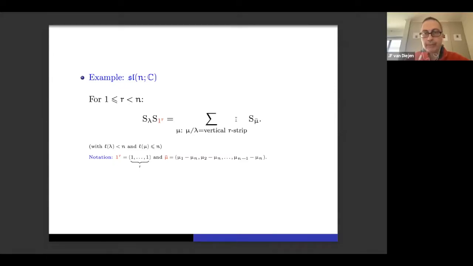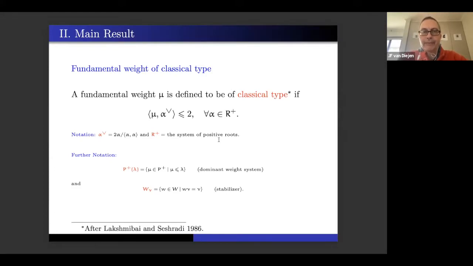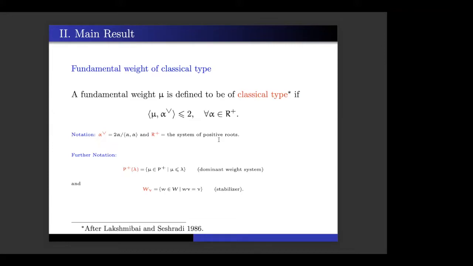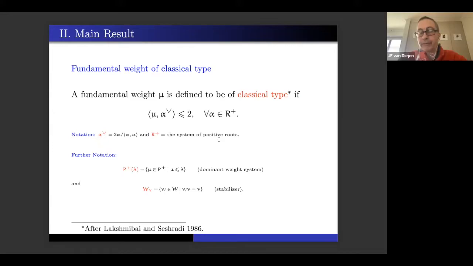Well, the formula that I'm going to present here will not be combinatorial so much. So it will be more like a formula of this type. In order to present the formula, I have to introduce some notation. Again, the formula that I present doesn't work really for all fundamental weights of any type. It works for fundamental weights which are called of classical type. So what does it mean?